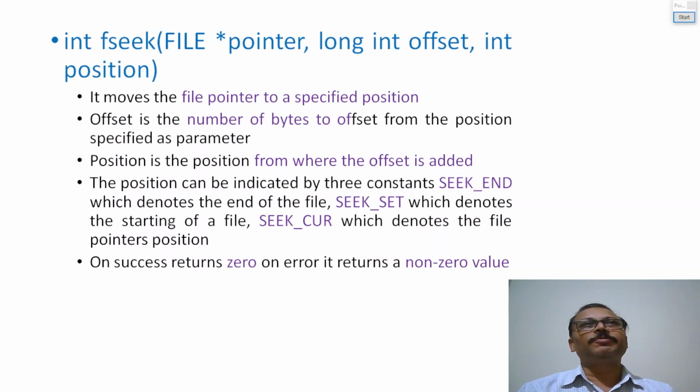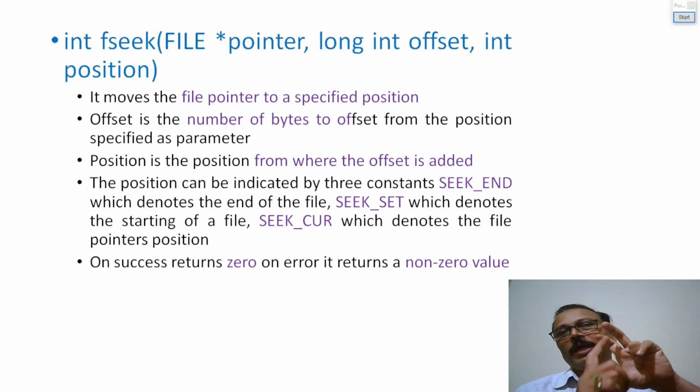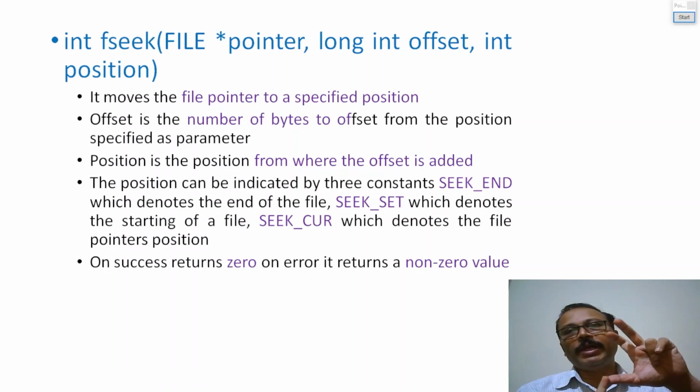Next, fseek. It is for positioning within the file. It moves the file pointer to a specified position. In what way? If you consider, a file will have a beginning and an end, and maybe the file pointer is at some position.